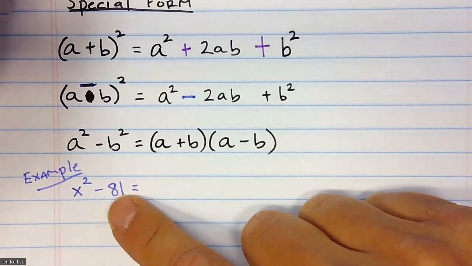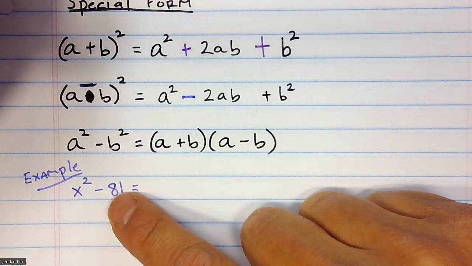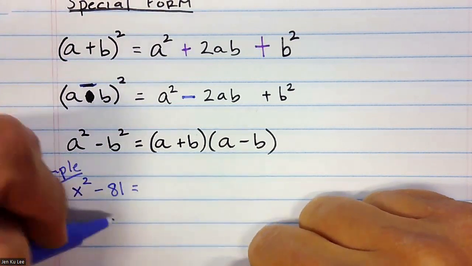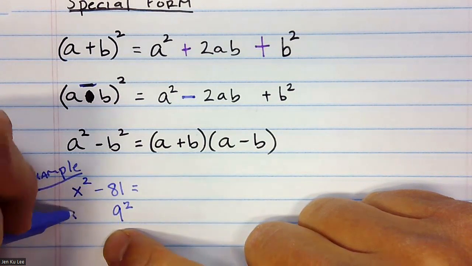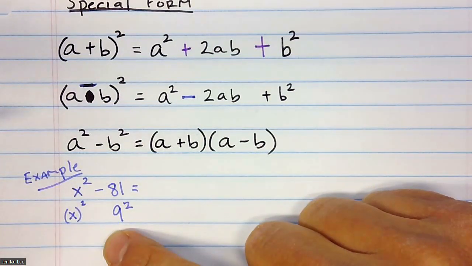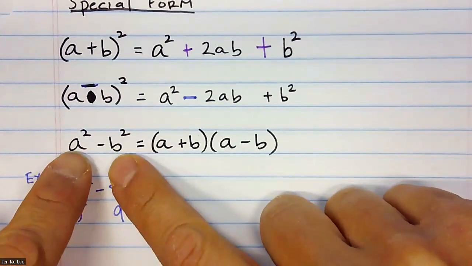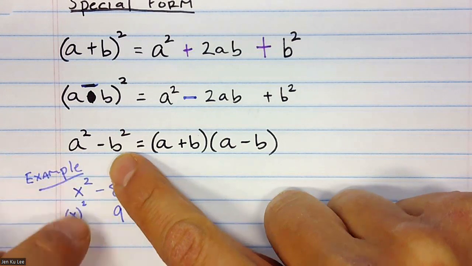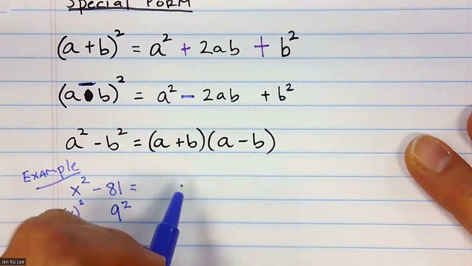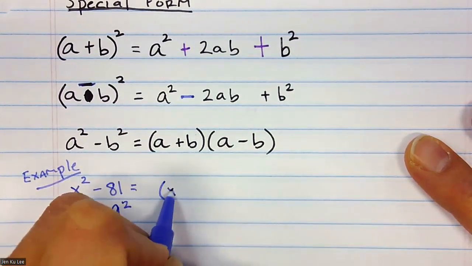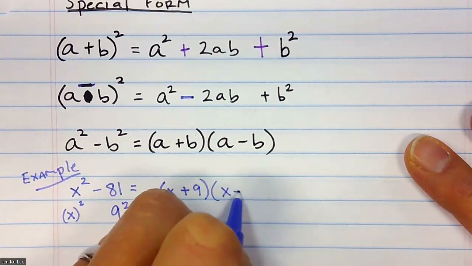Does 81 fit that mold? Something squared equals 81, what? 9 squared, right? 9 squared equals 81, and x squared is x squared, and there's a minus sign between them. So we have this special form. So it's just going to be broken down into a plus b times a minus b, which is x plus 9 times x minus 9.